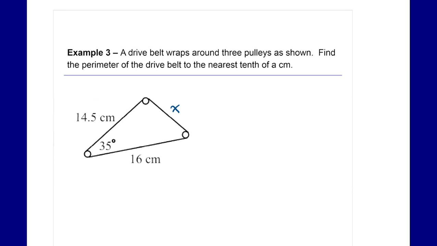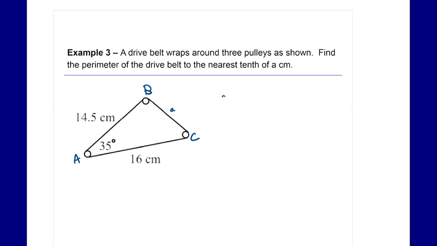For reference, let's just call it A, B, and C, just so that helps me come up with the labels for our formula. So we are going to use cosine law. We're looking for side A or X, or unknown, whatever you want to call it.